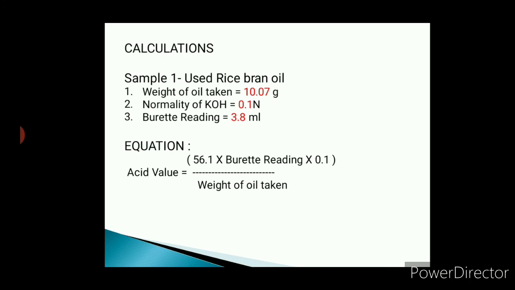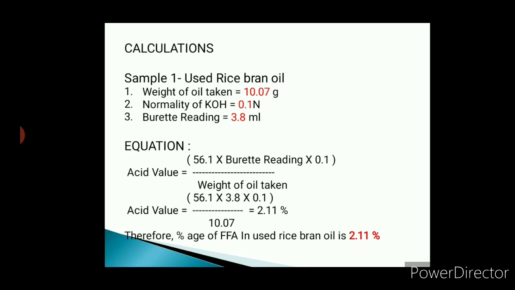Then in the same equation, when I substitute 56.1 into 3.8 into 0.1 upon 10.07, I get 2.11%. So the used rice bran oil has FFA, or free fatty acid, or acid value of 2.11%.